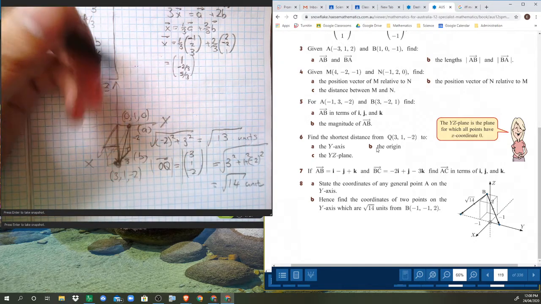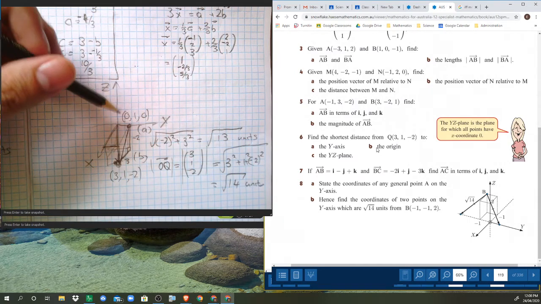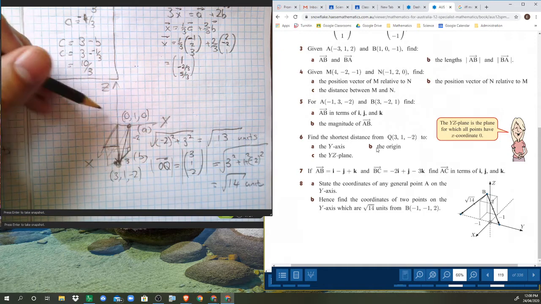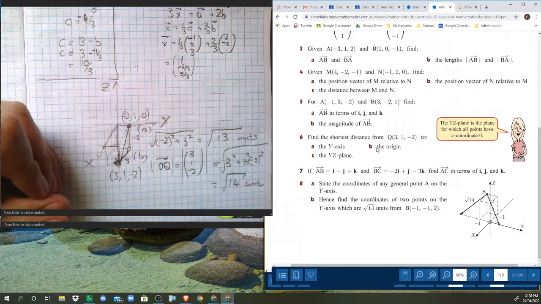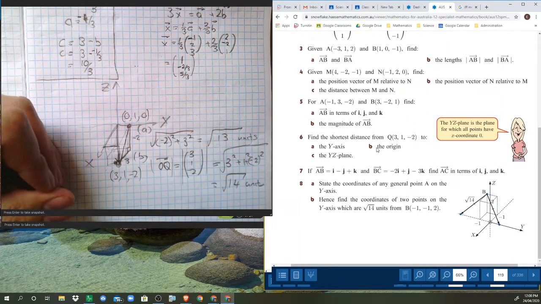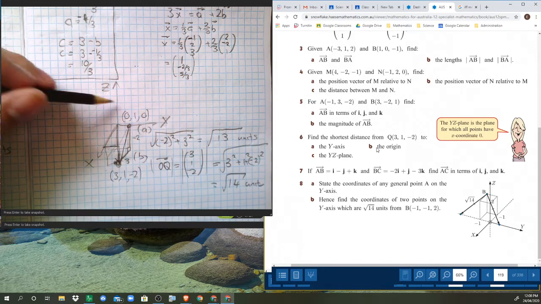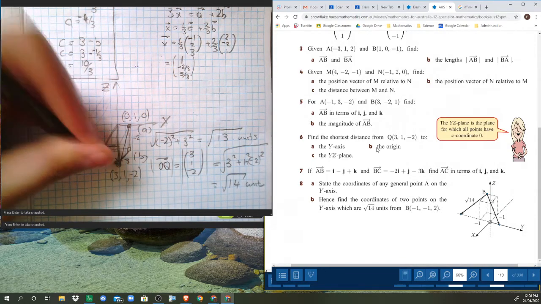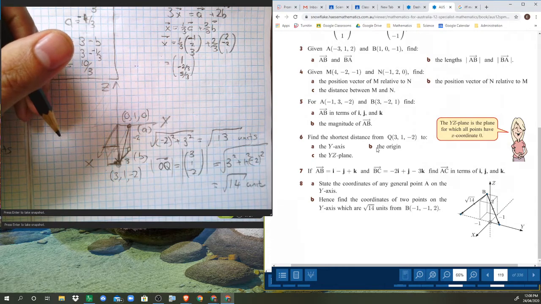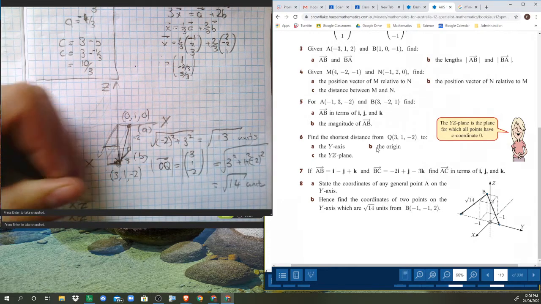All right, now the XZ plane. Now, I'll give you a little hint here.